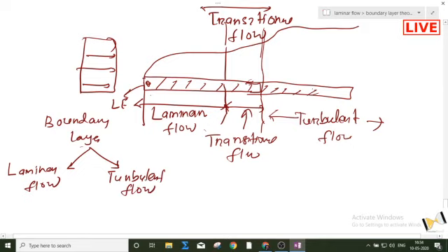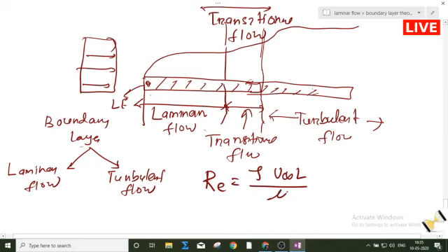In order to define the nature of the flow, a number has been introduced, called the Reynolds number. The Reynolds number is rho u infinity into L by mu. What is this L? L is the characteristic length.